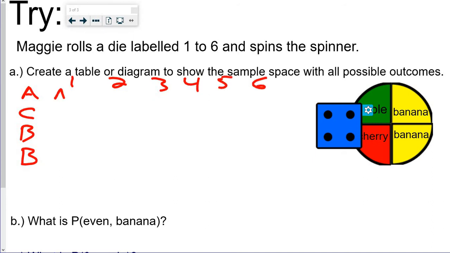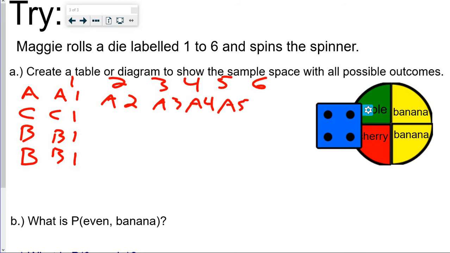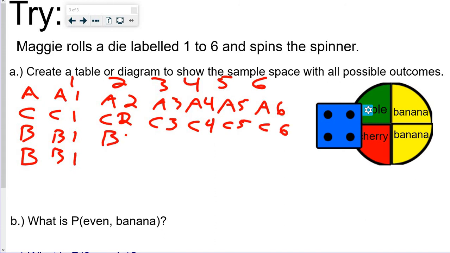So we know that A1, A2, A3, A4, A5, and A6. We have C1, C2, C3, C4, C5, and C6. And then we have B1, B2, B3, B4, B5, B6.